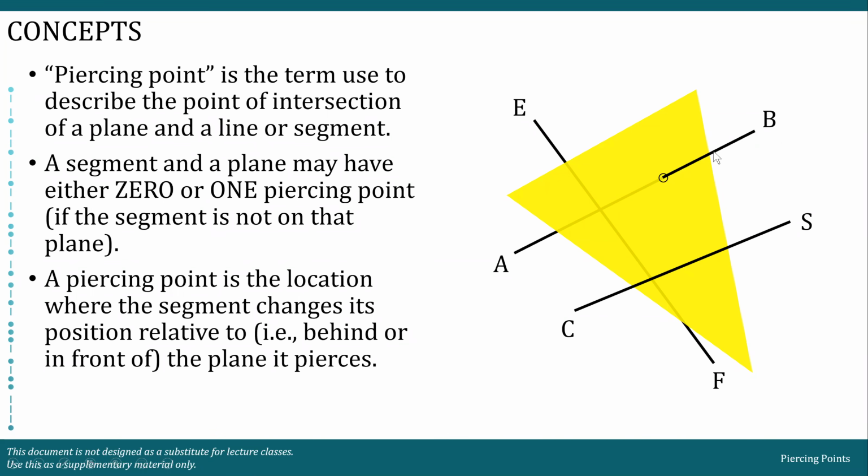So mas nakikita natin itong portion na to ng segment AB. However, there are portions of AB that are behind the plane. So, hindi natin siya nakikita, assuming na completely opaque itong plane natin. So, yan yung i-address natin mamaya dun sa tinatawag nating visibility.